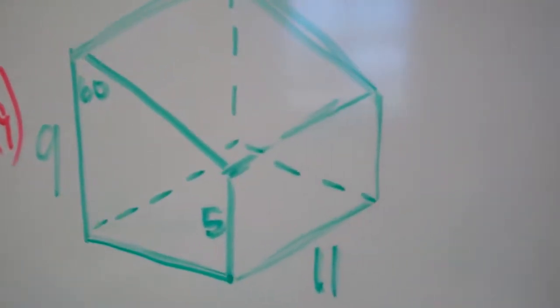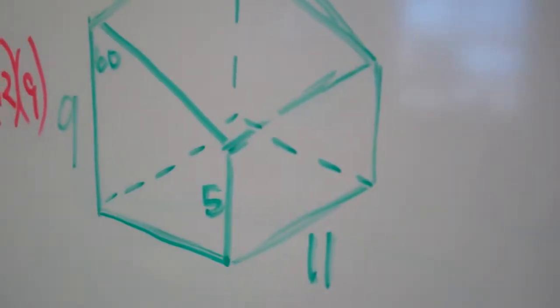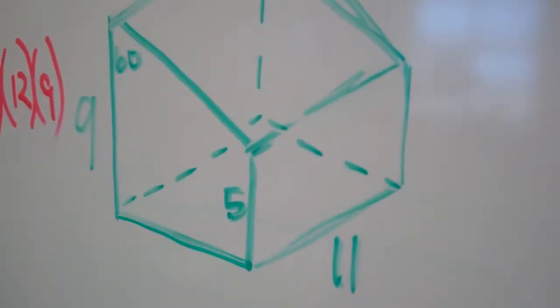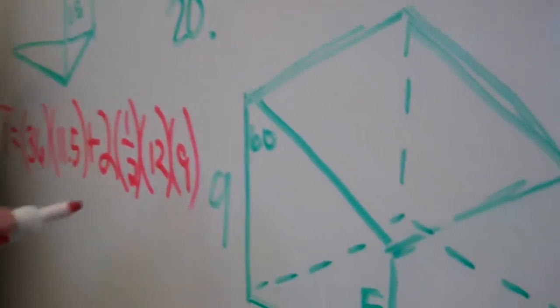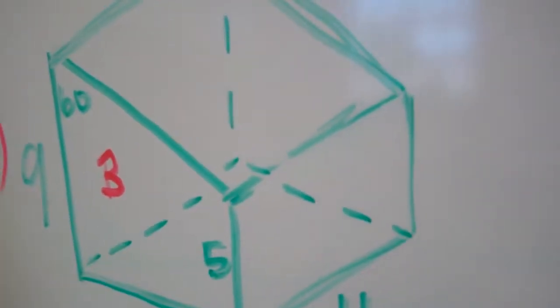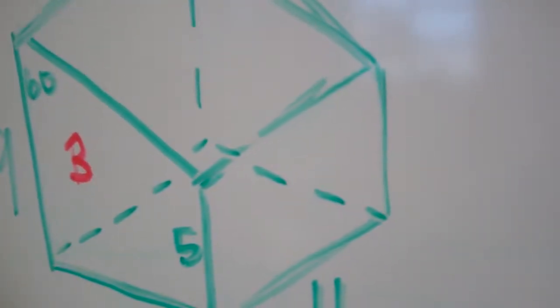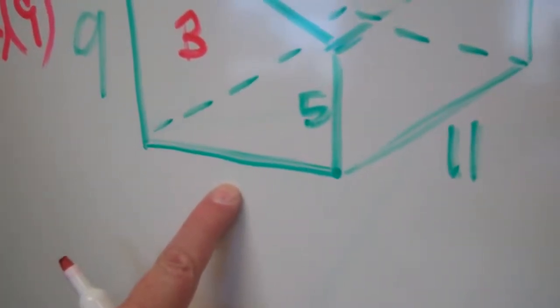Which faces shall I make the bases on this? Because they got to match. Front one. She selected the trapezoidal faces. So I'll put a B on this one. Does it say what this is down here on the sketch at all? We don't know that.